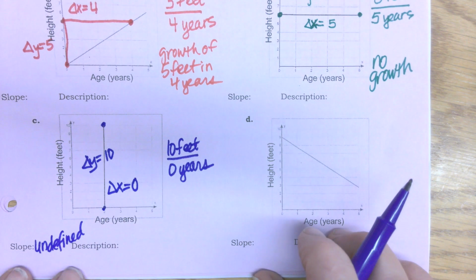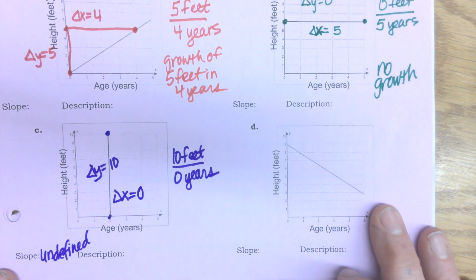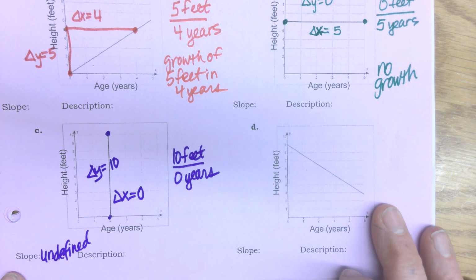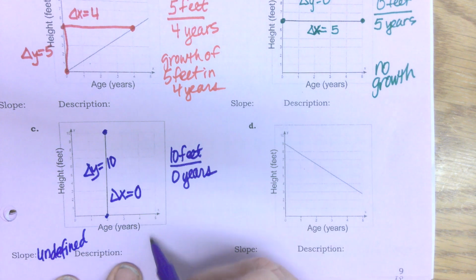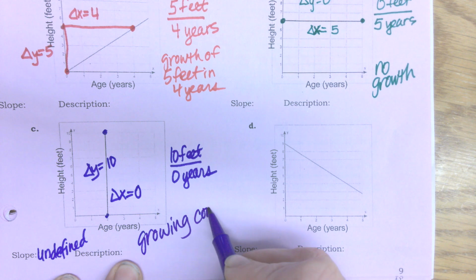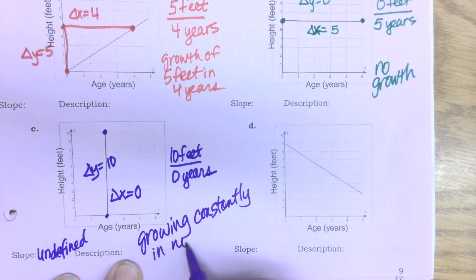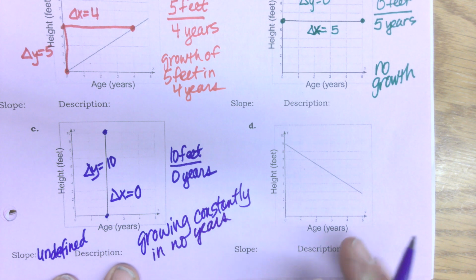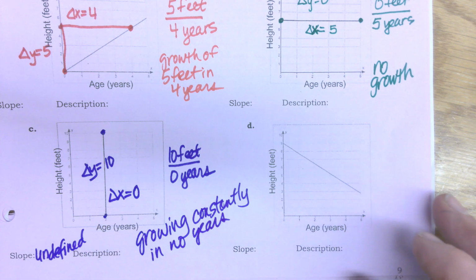It's a straight line up, but if I had to describe it in terms of growth, it's growing constantly and quickly in no time. It just keeps growing and growing and doesn't stop in no years. It's endlessly growing if we could freeze time.